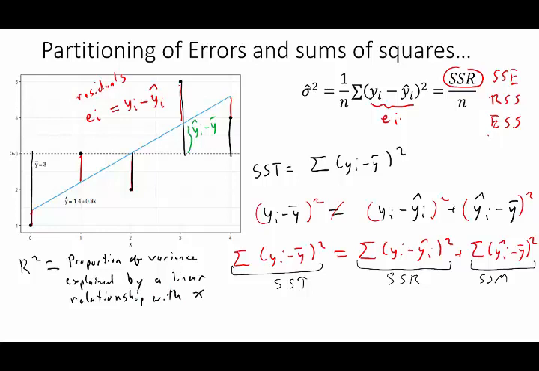So the proportion of variance in y explained by a linear relationship with x. And given these sums of squares here, we can represent that in two equivalent ways as SSM over SST. So what part of this total variation comes from the second term here? Or 1 minus SSR over SST, which is usually how it's computed, 1 minus the unexplained variation.